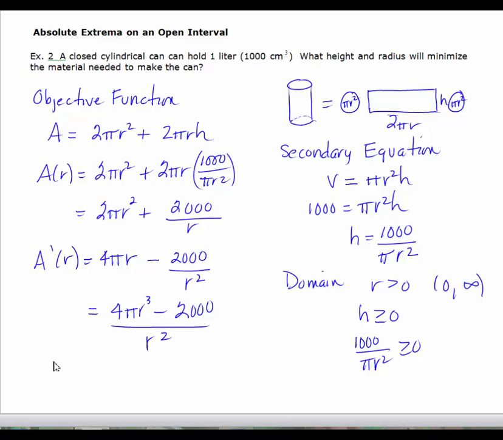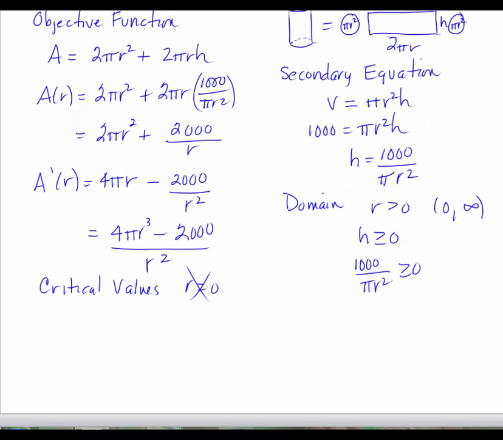Now when I go to find my critical values, I know that one of them would be when the denominator equals 0, but that's not in the domain. My other critical value would be when the numerator is equal to 0, 4 pi r cubed minus 2,000 equals 0.